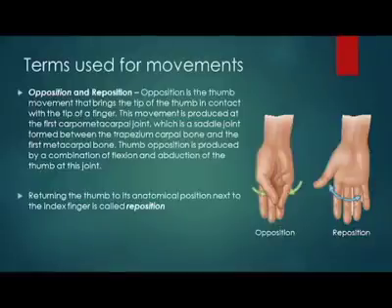Thumb opposition is produced by a combination of flexion and abduction of the thumb at the joint. Returning the thumb to its anatomical position next to the index finger is called reposition.